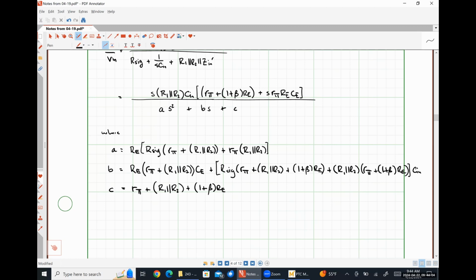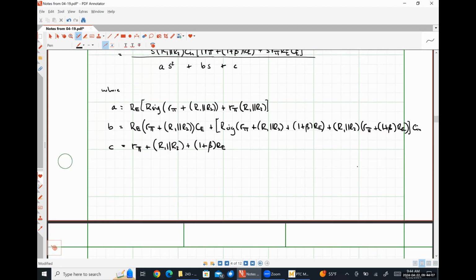Okay. So from this stuff here, we have a zero. So let's call this omega zn1 at 0. A second zero, so that'll be omega zn2 at negative (R pi plus (1 plus beta) RE) all over R pi times RE times CE.